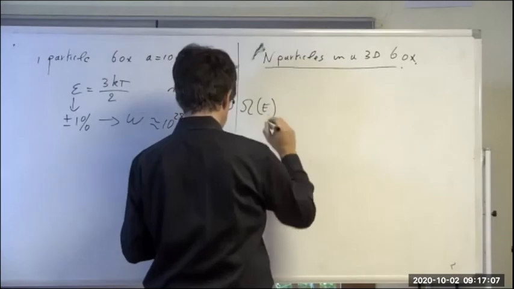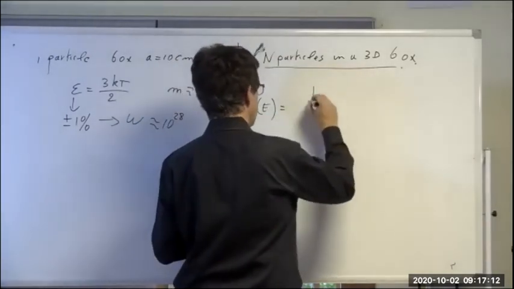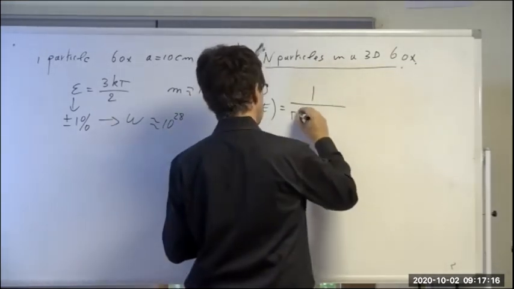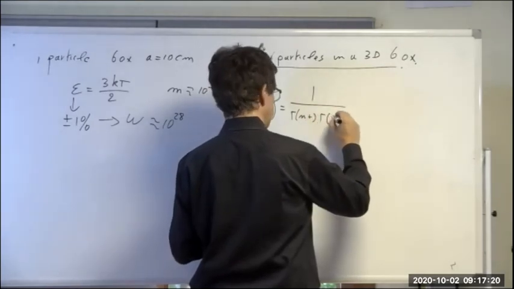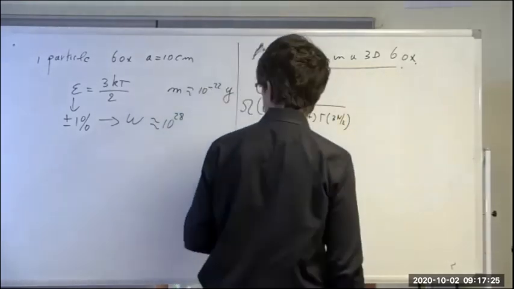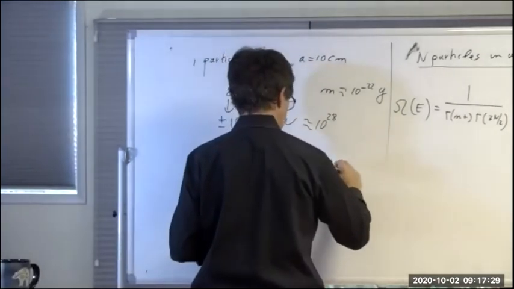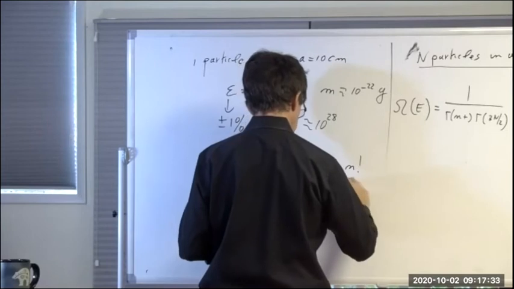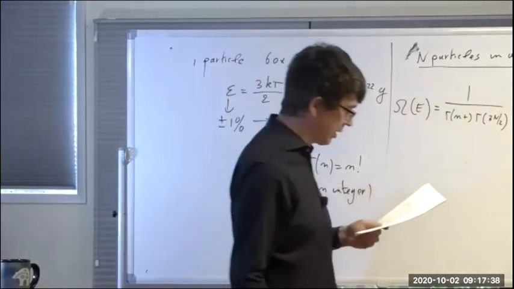Then the number of states with a given energy is 1 over the gamma function of n plus 1 times the gamma function of 3n divided by 2. And by the way, the gamma function of n is n factorial when n is an integer, but it's something in between when n is not an integer.